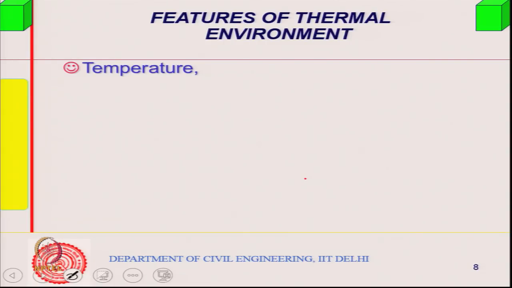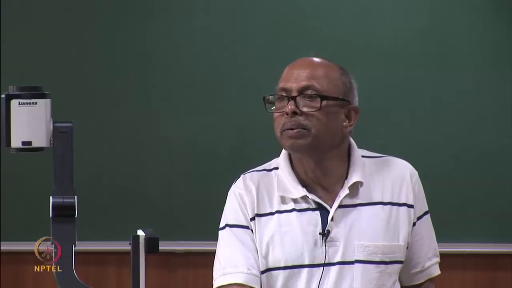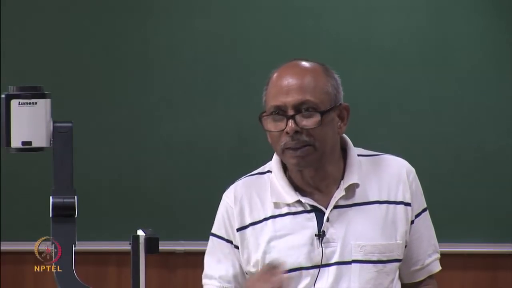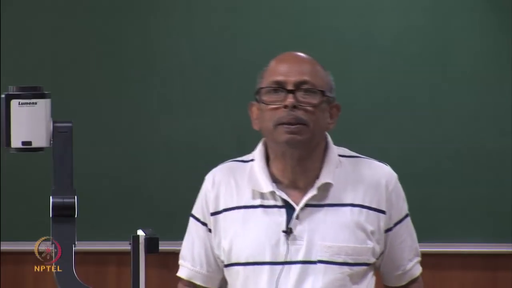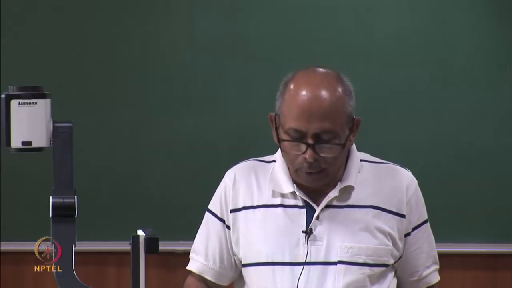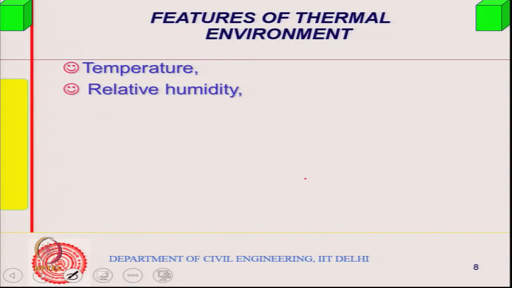Now, as I was telling you, we will look into the environmental features which we would like to quantify in terms of some measurable items. First is the temperature. So, we are looking at the thermal aspects. Temperature is one of them. Now, how do we measure temperature? We will come to that.